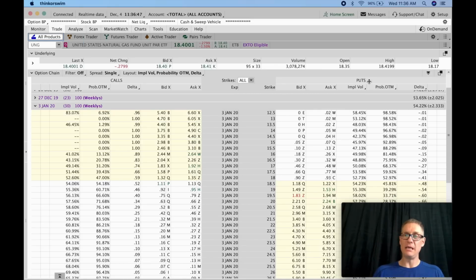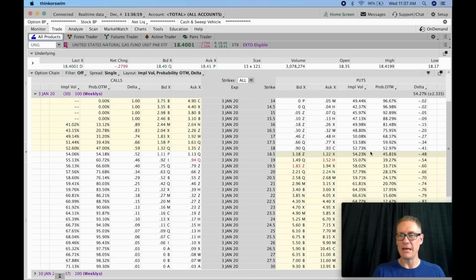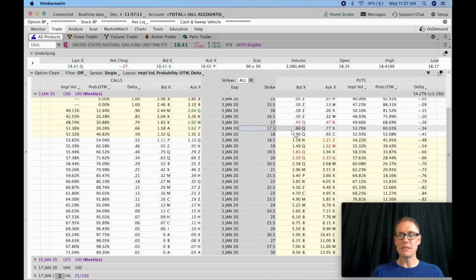And the put option being, I'm making a bet that I don't think natural gas is going to go lower than a certain number. And that number would be my strike price. So let's say I pick out and I say, I don't think it's going to go lower than 17.50 in the next 30 days. 17.50 would be my strike price, and I would get paid somewhere between 66 cents and 77 cents per share on my one contract, which is 100 shares. 100 shares makes up one contract.